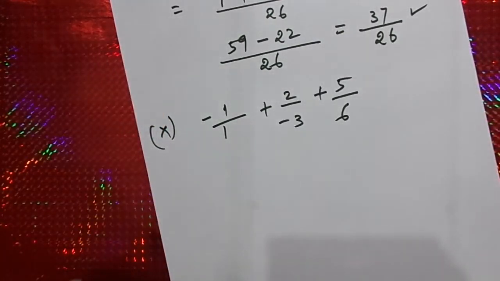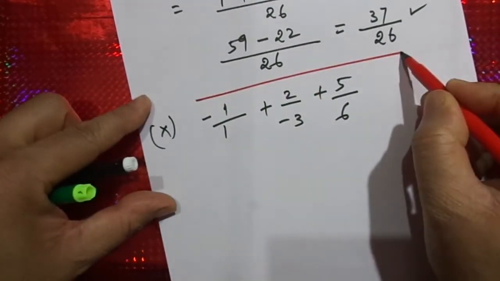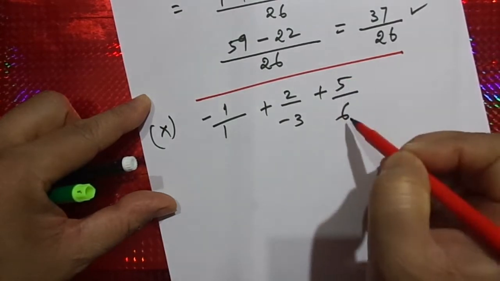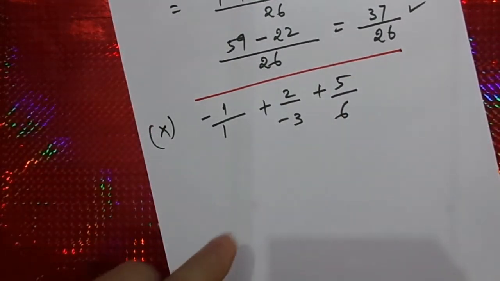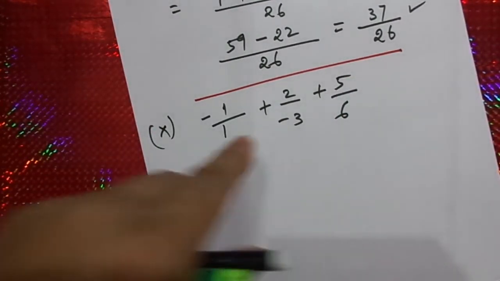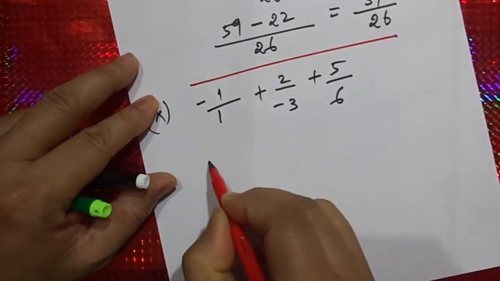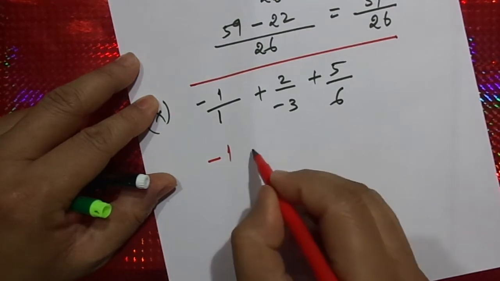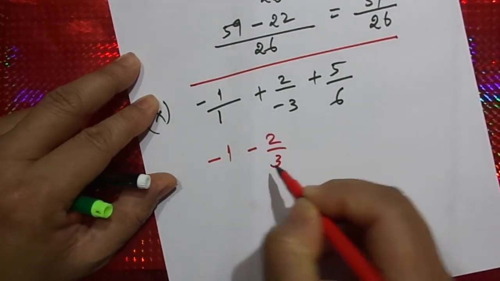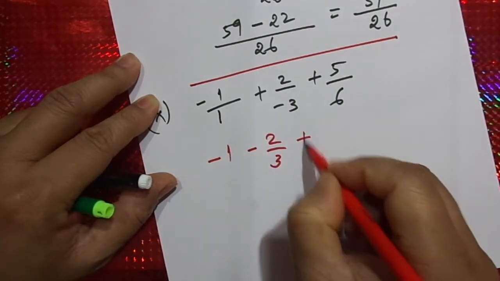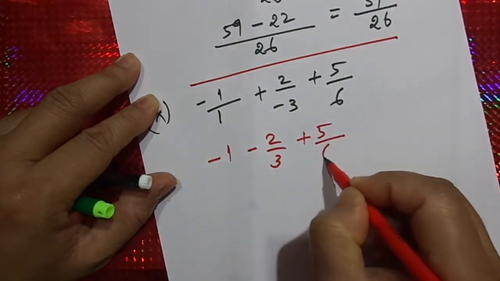Here I need to change it into its standard form. Let me put 1 over here. So we have minus 1 minus 2 by 3, because if this minus goes up, plus into minus becomes minus, plus 5 by 6.